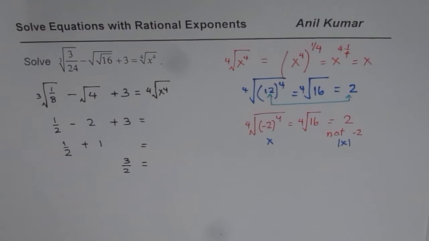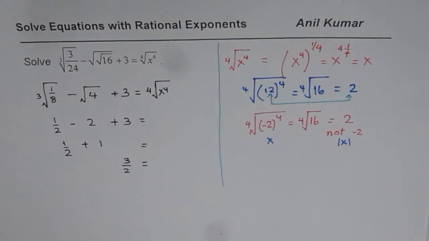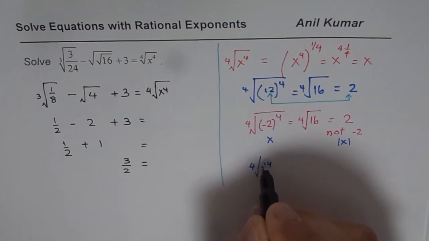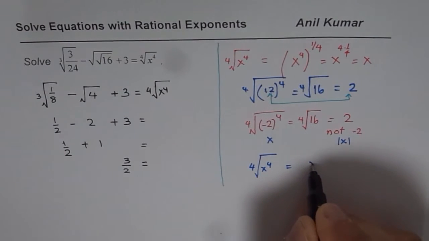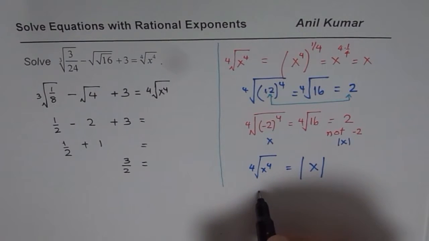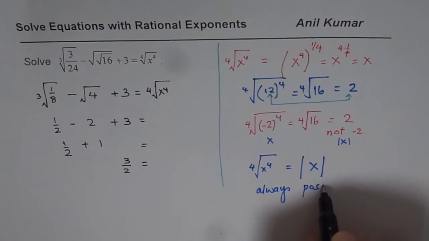Now with that, let me summarize it here. Fourth root of x to the power of 4 is actually not equal to x, but equals absolute value of x. It is always positive.